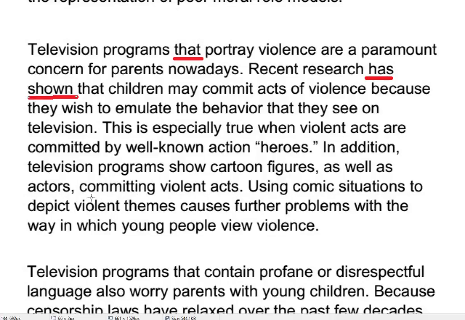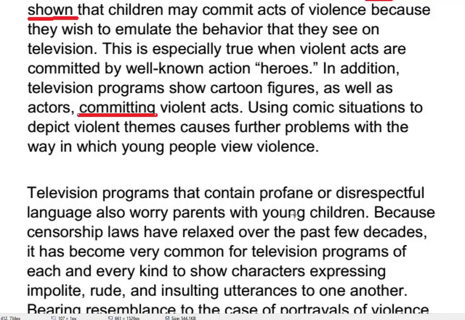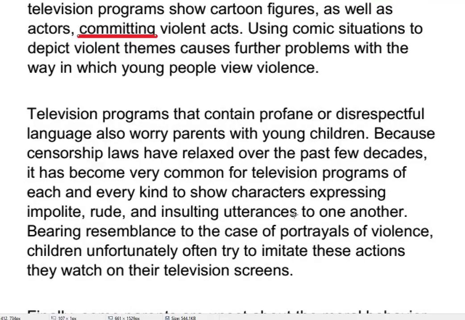Committing violent acts. This participle is pretty good. Have relaxed. Censorship was have relaxed. Have been relaxed. Okay, so it's a bit of a mistake here.